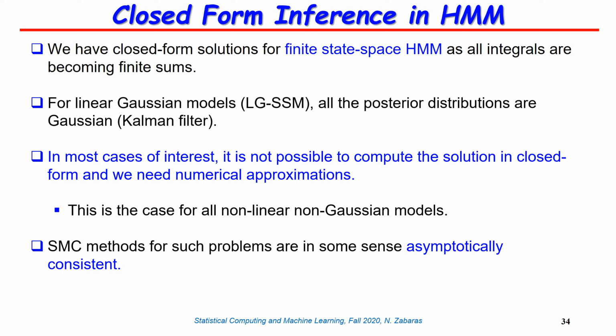Asymptotically consistent here implies that when I compute with these Monte Carlo approximations the expectation of some function phi of the state, that will converge to the true expectation asymptotically as the number of Monte Carlo samples increases. Okay? So of course we will need to establish a lot of these details as we move forward.